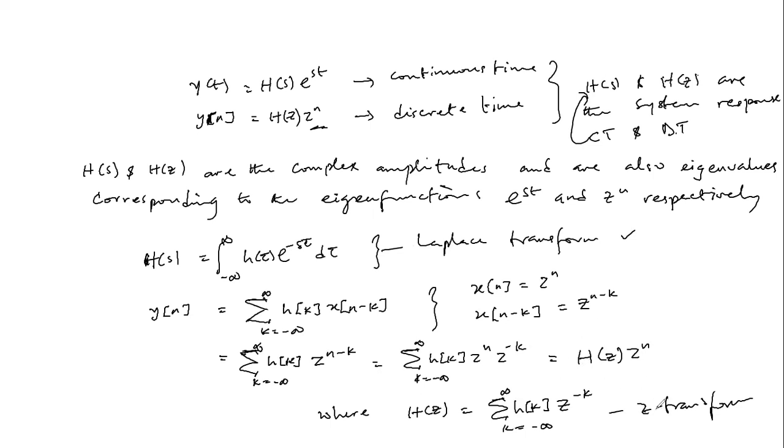Laplace transform, while in the discrete time domain, this is the z transform. So h of z, once again, is the eigenvalue associated with the eigenfunction z to the n for specified values of z.